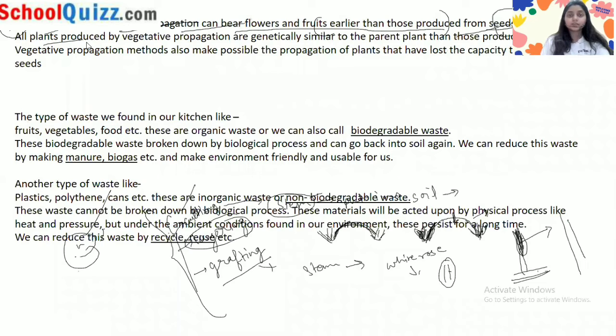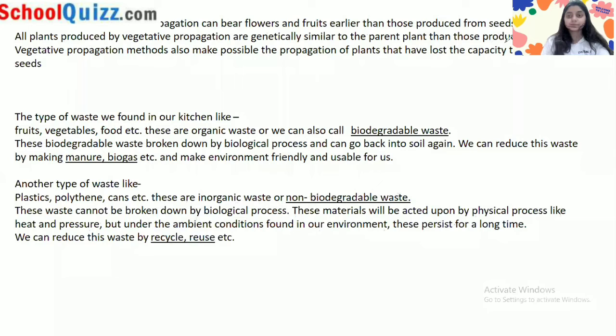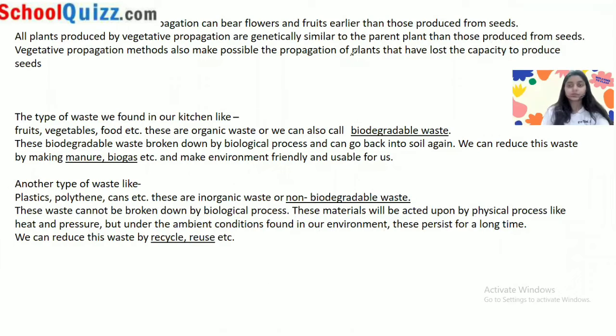So we can answer like this. Plants raised by vegetative propagation can bear flowers and fruits earlier than those produced from seeds. So these are the 3 points: the first point, the second point, and the third point.